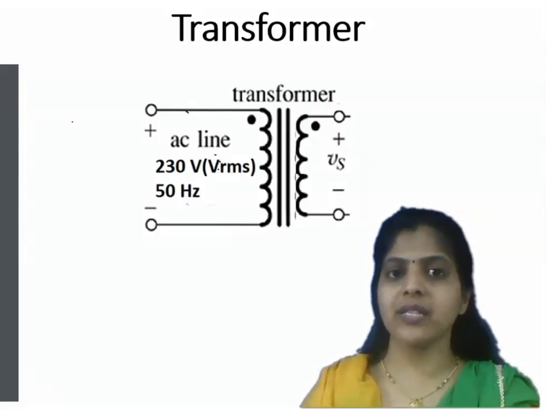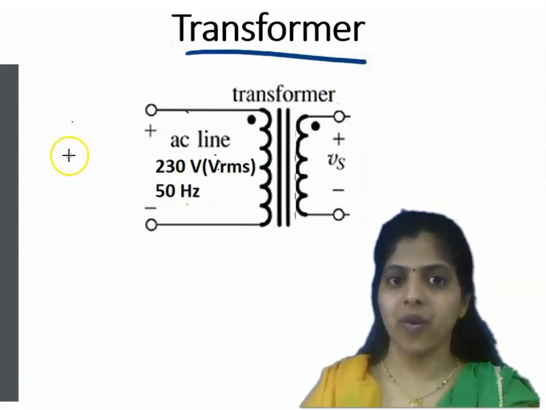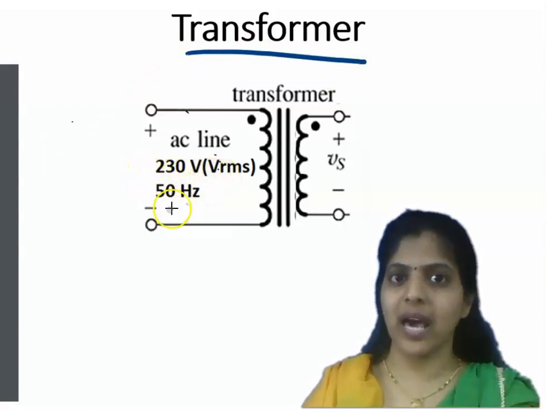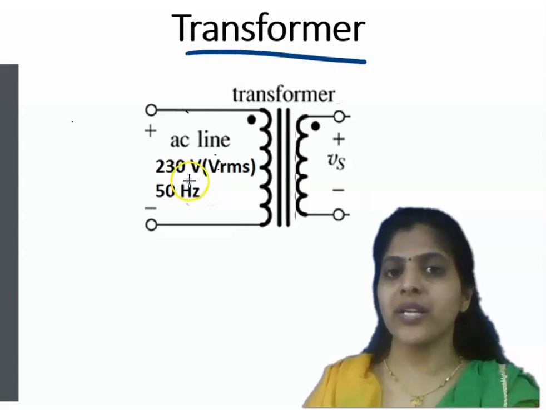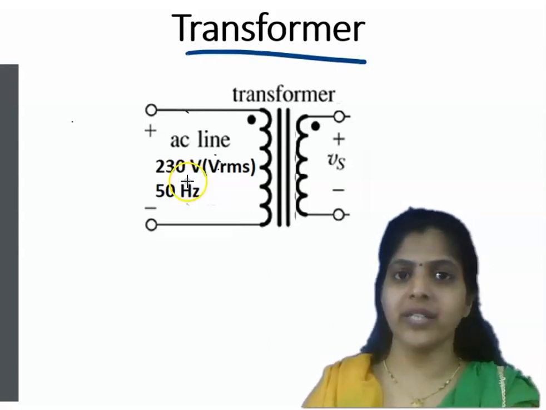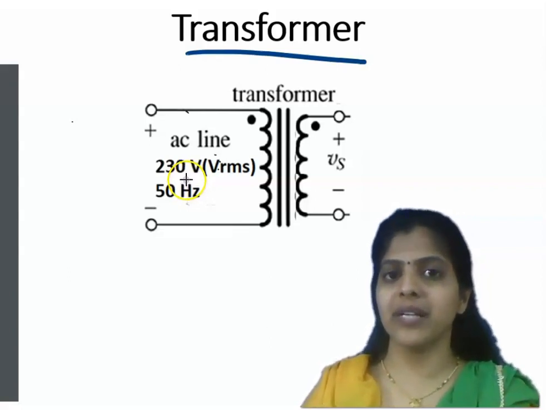The first block is transformer. As we have the input in the form of AC, that is 230 volt RMS and 50 Hz, this AC voltage is very large, as the DC voltage requirement for any electronic device is very small. It may be 5 volt, 10 volt, maximum 30 volt.